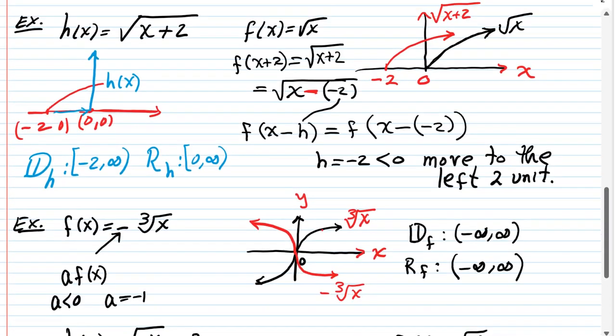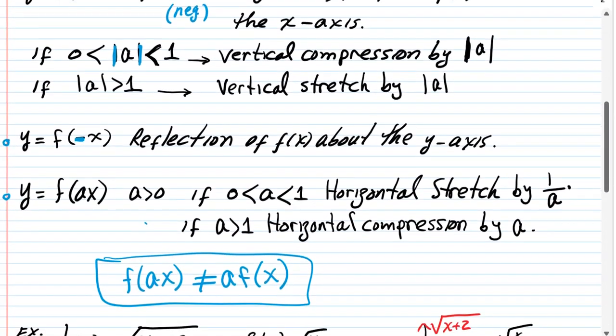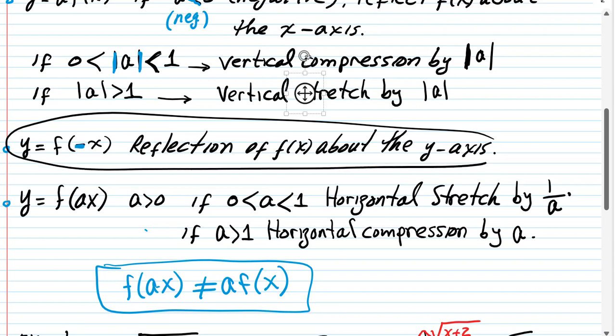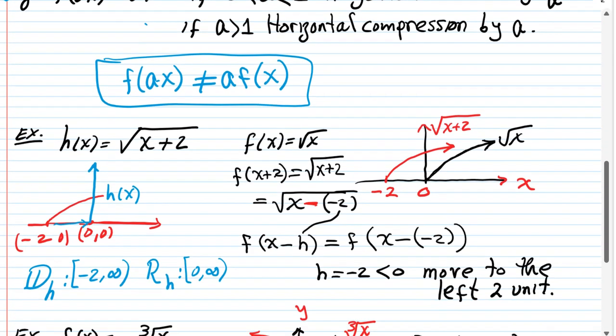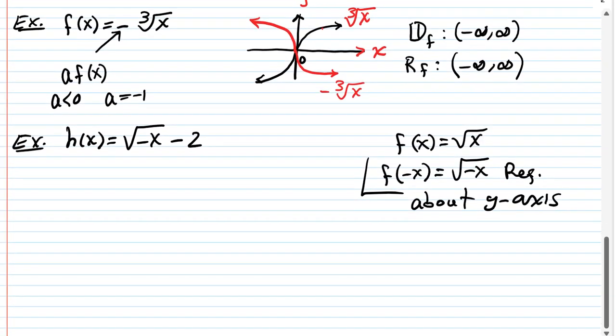How do we know that? If you come up here, and there you go. F of negative x, reflection about the y-axis. So we know that. And what else? So let's do that one. And then negative 2 here. So this part of it itself is going to be, again, if f of x is root x, f of x plus k, in this case, k is negative 2.